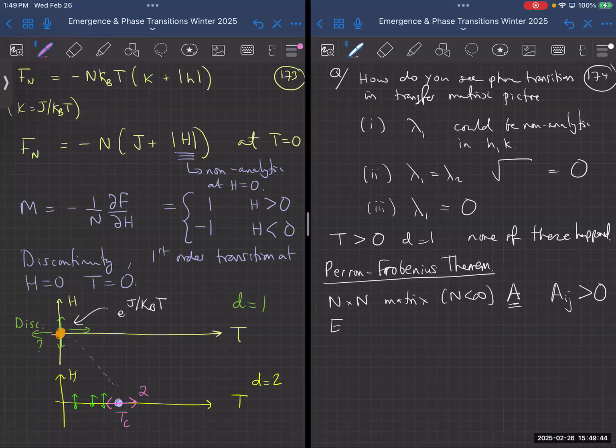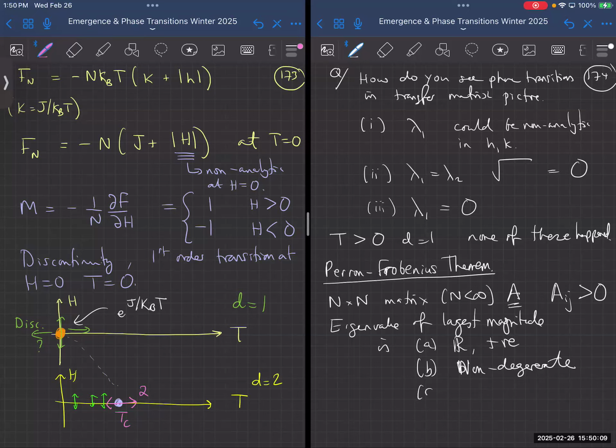Then we can prove that the eigenvalue of largest magnitude is A, real and positive, B, non-degenerate, and C, analytic in Aij.